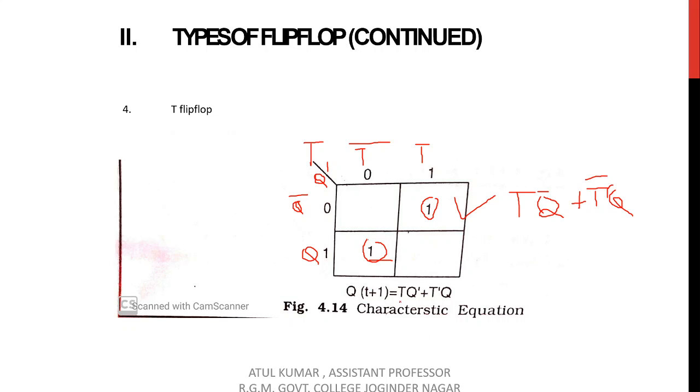So the characteristic equation for the T flip flop is T Q bar plus T bar Q.